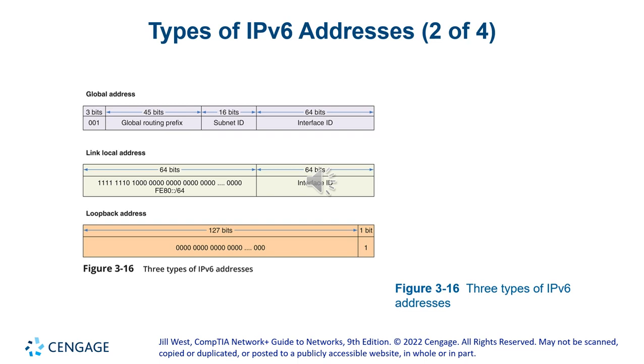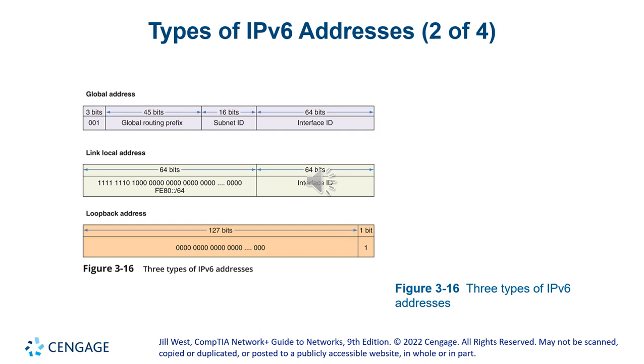On the link local, the first 64 bits is actually always FE80, and in this case it has a colon because there's a whole bunch of zeros in the middle. So the first 64 bits always will start with FE80. If you see those binaries, 1111 1110, that's FE, and 1000 is 8, and then 0000 is 0.